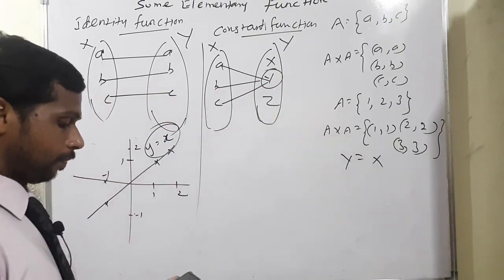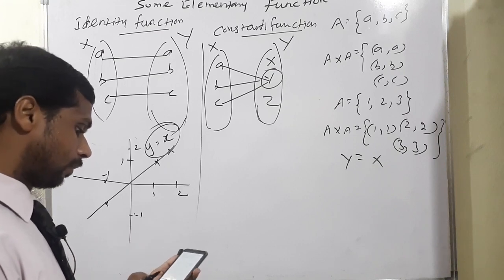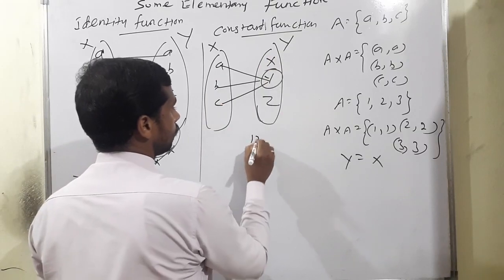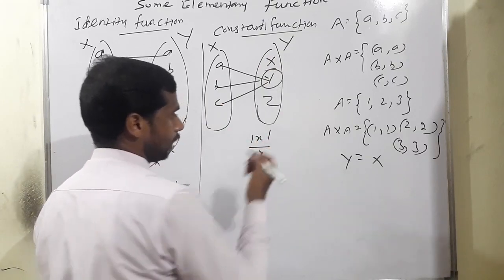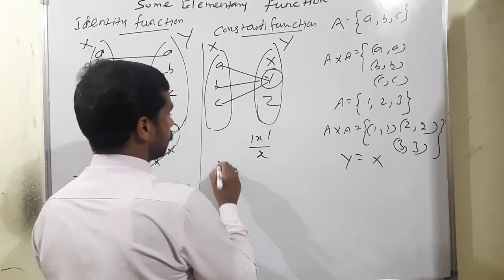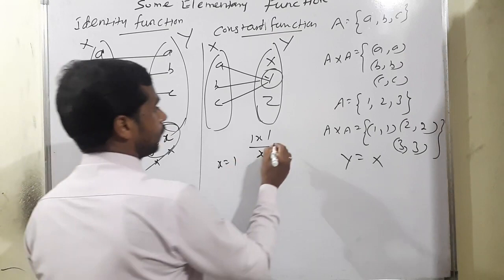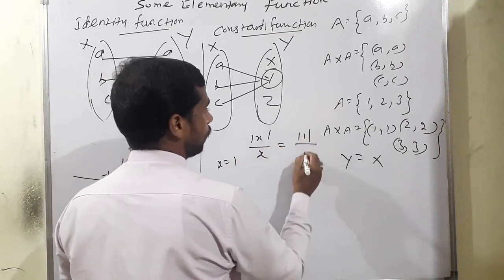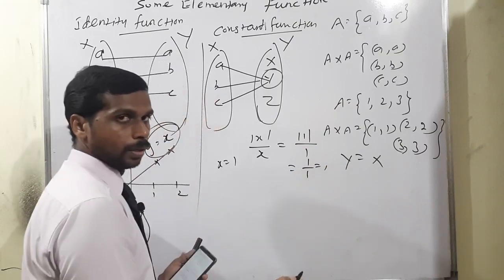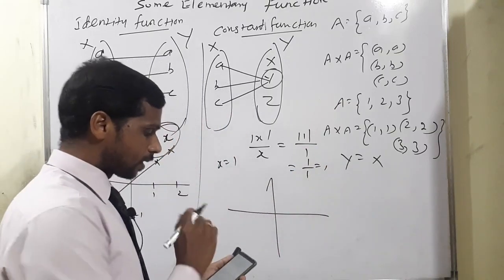So how to form the constant function? So x related to y means definitely modulus x divided by x. For example, modulus x divided by x, if x value is considered as 1, what answer will come? X is equal to 1 means modulus of 1 divided by 1. Modulus of 1 is 1, and 1 divided by 1 is also 1. Therefore in your graph also, definitely one constant value, isn't it?